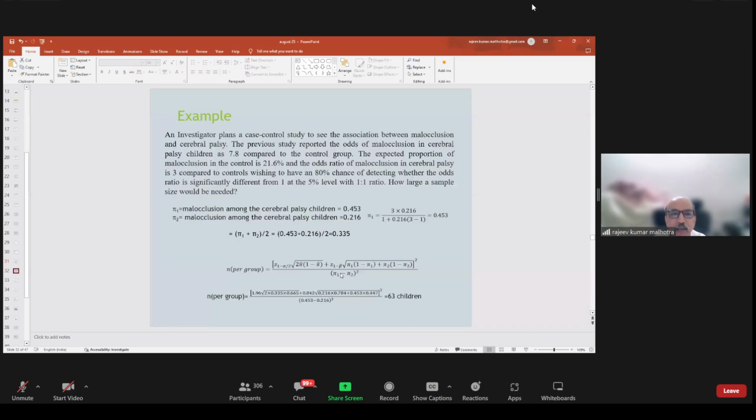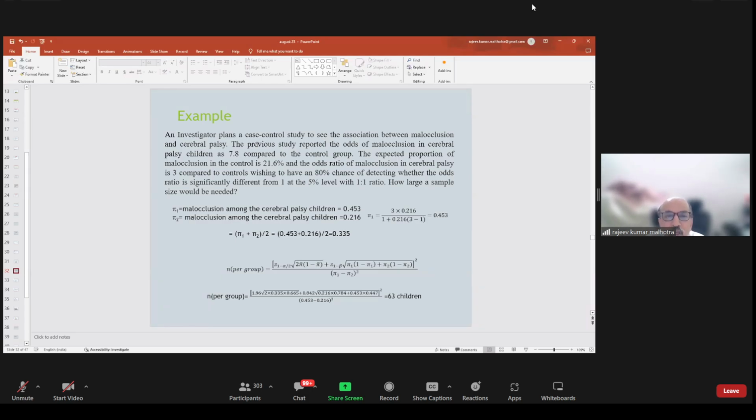I will take one example to explain this. The investigator plans a case-control study to see the association between malnutrition and cerebral palsy. The previous study reported that the odds of malnutrition in cerebral palsy children is 7.8 compared to control. The expected proportion of malnutrition in the control group is 21.6%, and the odds ratio of malnutrition in cerebral palsy is 3 as compared to control, with 80% power to detect whether the odds ratio is significantly different from 1 or not.